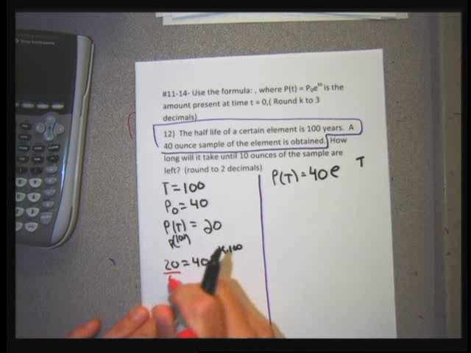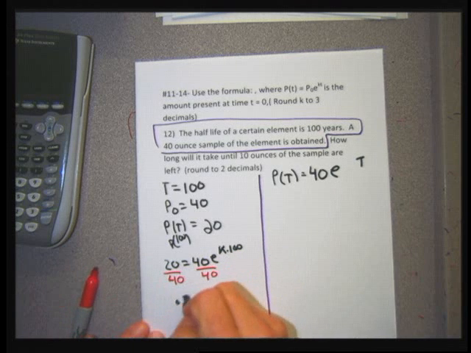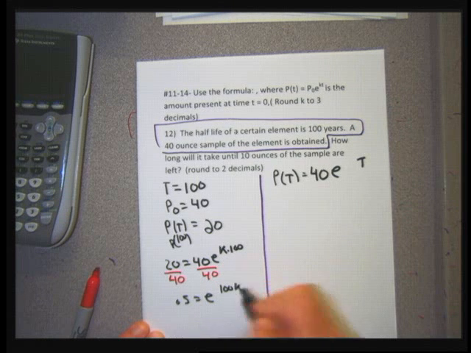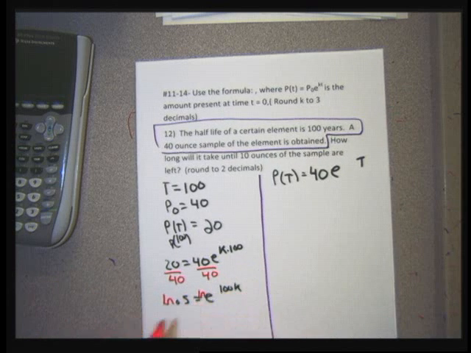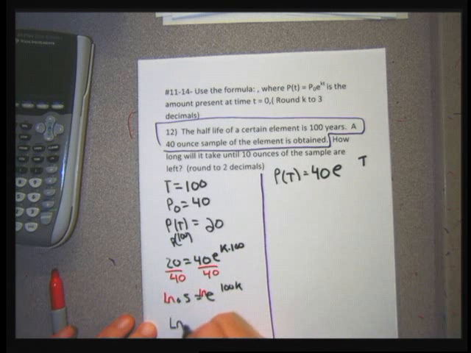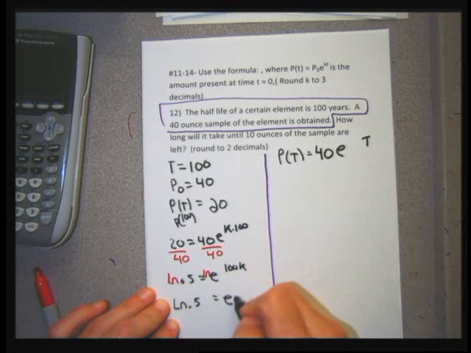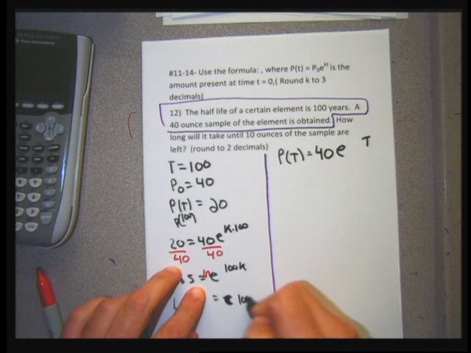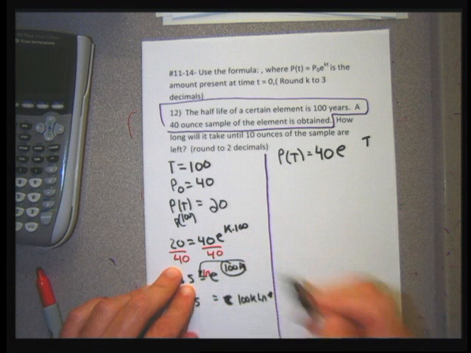Divide both sides by 40. This is going to give me 0.5 equals e to the 100k. I'm going to take the natural log of both sides. On the left side, I get the natural log of 0.5. On the right side, I'm going to get 100k times the natural log of e, making this in front of that.